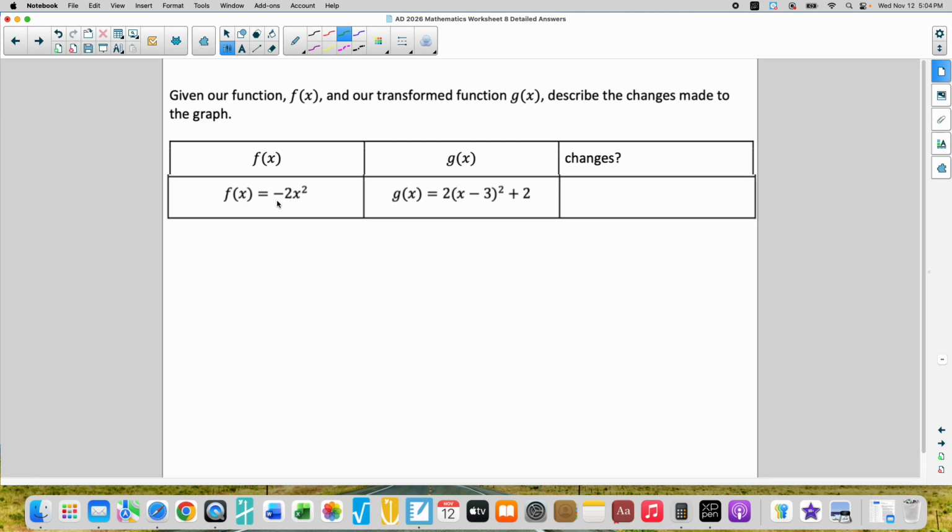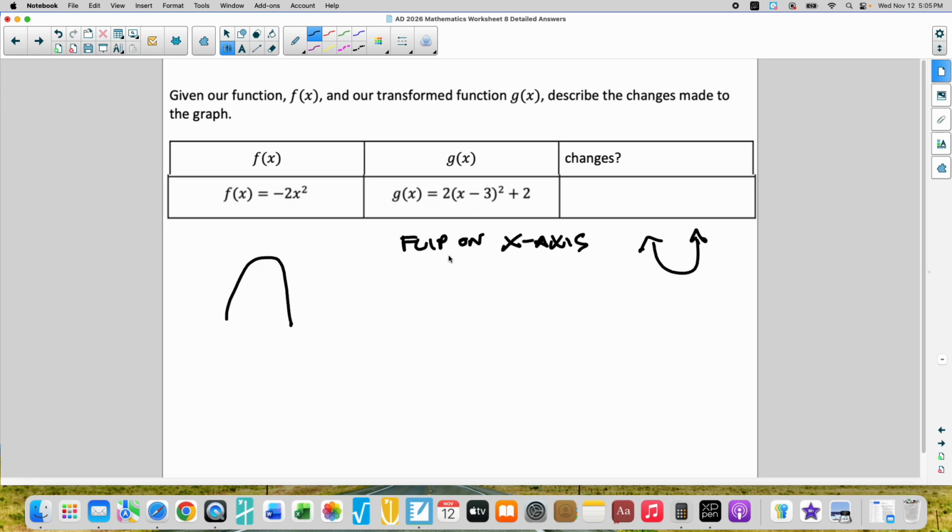Looking at the parent, the parent is upside down. So this graph is actually upside down. So it's going to flip on the x-axis. That turns it up because it went from negative to positive.